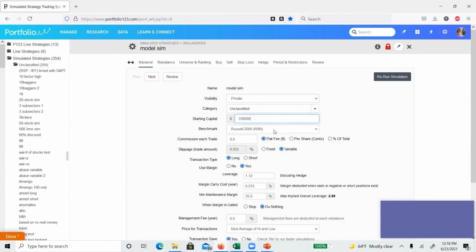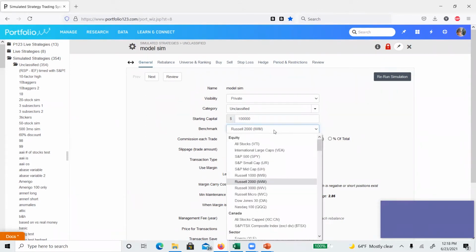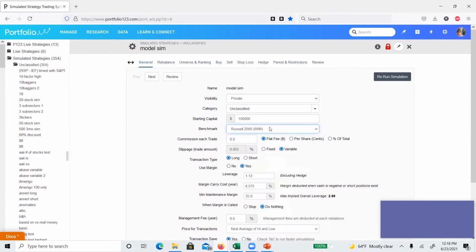For the benchmark, I would always choose a benchmark that's really relevant and correlates well to the kinds of stocks you're choosing. Slippage can be variable or fixed. The fixed slippage is very convenient if you know pretty much what you're going to be paying in slippage. Variable slippage has extremely different slippage levels depending on whether you are buying a stock with very low liquidity or very high liquidity.